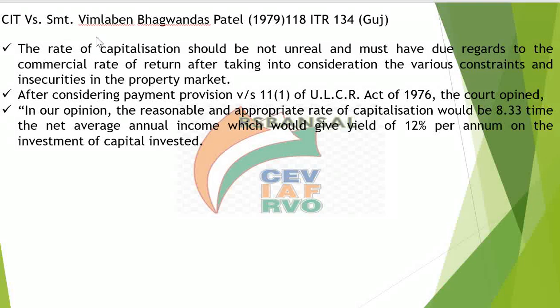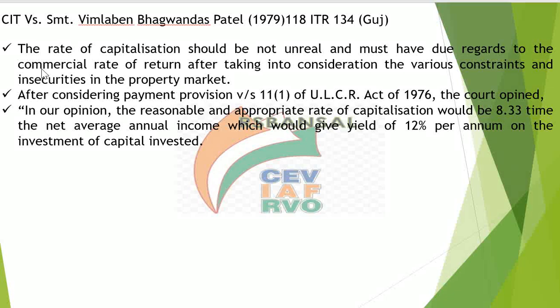Next one is CIT versus Srimati Bibla Devi Bhagwan Das Patel. The rate of capitalization should not be unreal and must have due regard for commercial rates of return, after taking into consideration the various constraints and insecurity in the property market. So after considering the relevant provisions of this Act, the court opined that, in our opinion, a reasonable and appropriate capitalization rate would be 8.33 times the net average annual income, which would give a yield of 12% per annum on the investment of capital by investors.